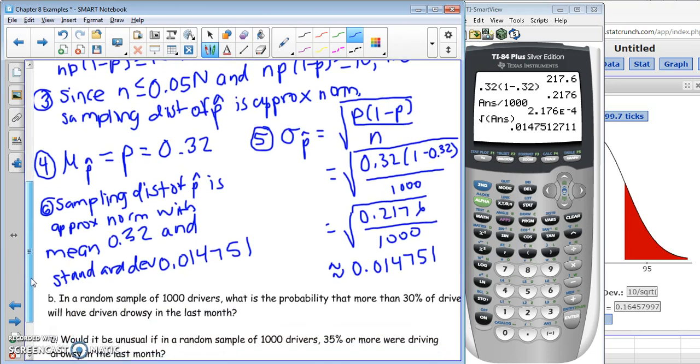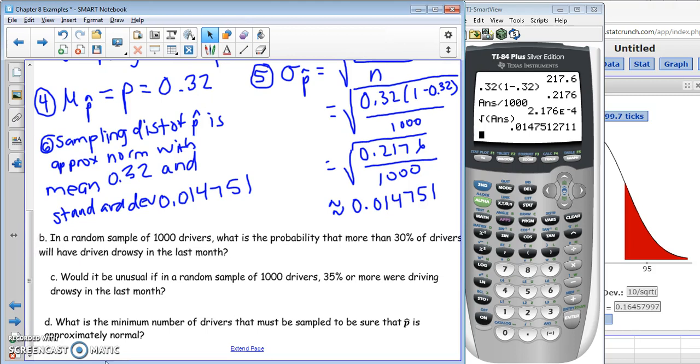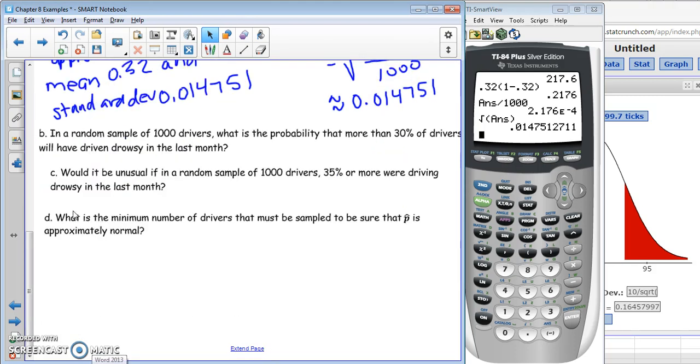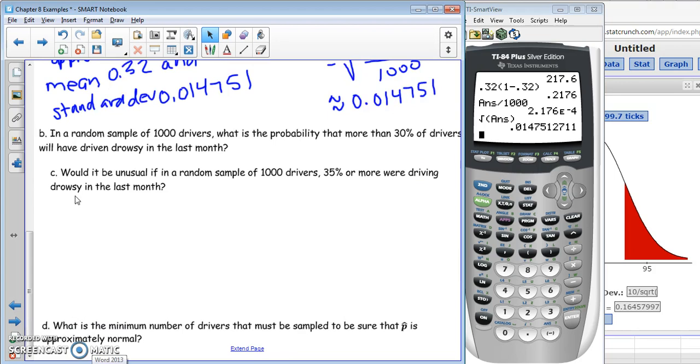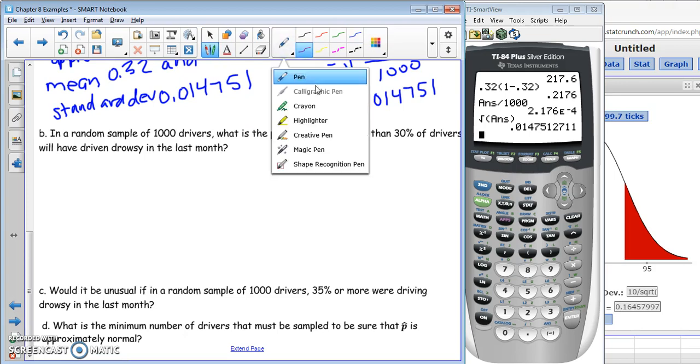So now we want to continue on and kind of answer these last 3 questions here. So now it should be a little bit easier now that we've calculated our mean and standard deviation. So I'm going to move these down. So in a random sample of 1,000 drivers, so we haven't changed our sample size here.